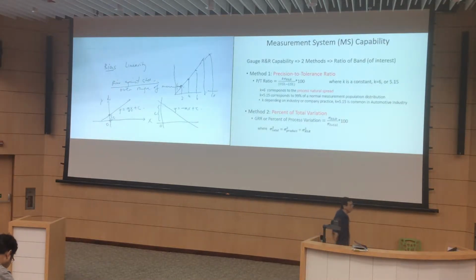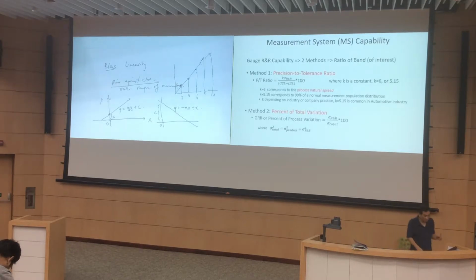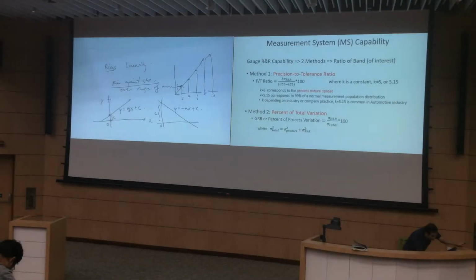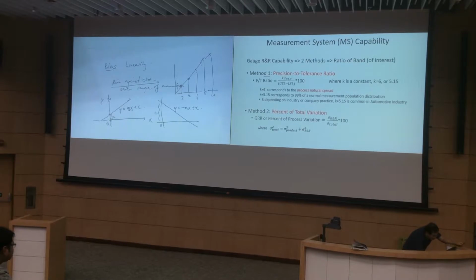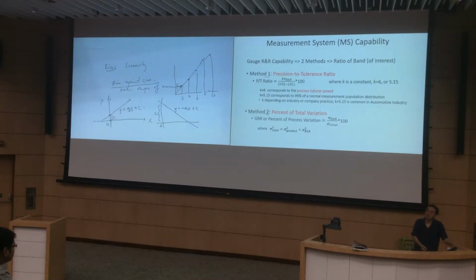So in that case, we have two methods, two ratios, like Cp, Cpk, Cpu, Cpl, right? So in equipment measurement, we have two. One is relevant to the tolerance. The other one is total variation, right?